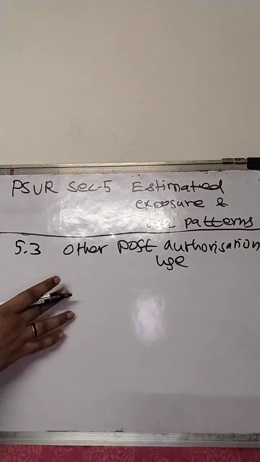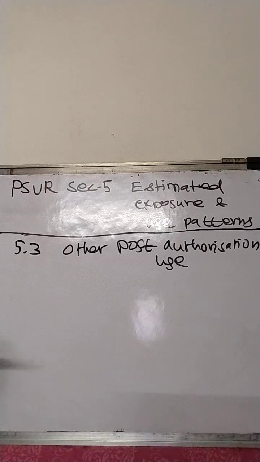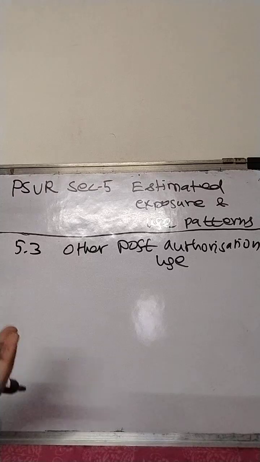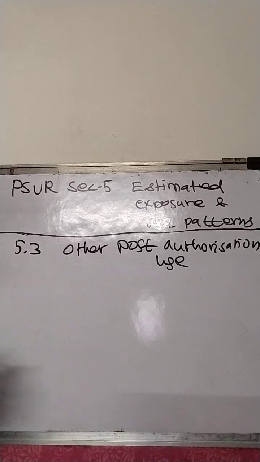Here, the marketing authorization holder, if they become aware of any pattern of use, could consider it, and also any safety data they noted, for example any evidence of overdose, misuse or abuse. If patients are using this medication beyond the recommended indication or beyond the RSI, the reference safety information, and if they have seen any trend, it could be described in this section.